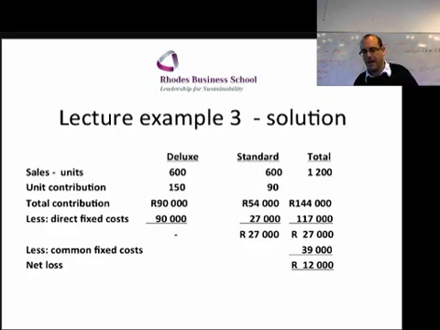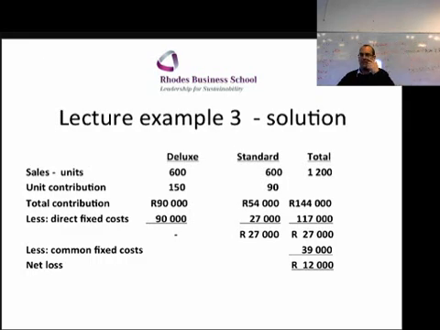Okay, so guys, one of the limitations, or one of the assumptions you have to make when you're using CVP analysis where you have more than one product, is that you can assume a constant sales mix. In doing our break-even analysis based on our budgets, we assumed a sales mix of 2 to 1.